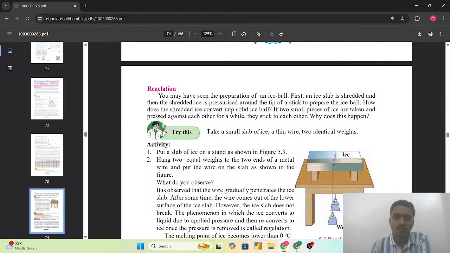How does the shredded ice convert into a solid ice ball? If two small pieces of ice are taken and pressed against each other for a while, they stick to each other. Why does this happen?